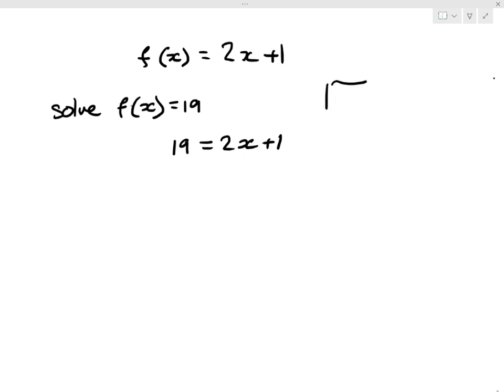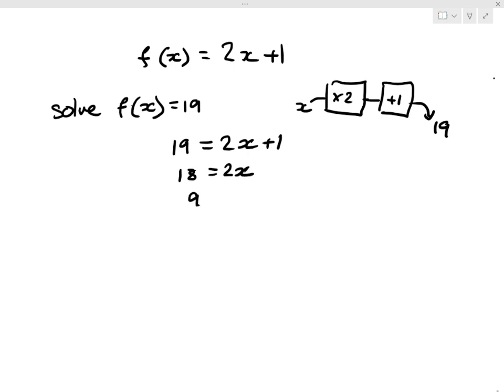So we've got our function machine, which is times 2 and then plus 1, and we know the output is 19. We're trying to find out what x is, the input. So 19 is 2x plus 1, take away 1, 18 equals 2x, divide by 2, and 9 equals x. When we put 9 into it, 9 times 2 is 18, plus 1 is 19. So we're working out what the input is when we know the output is 19.